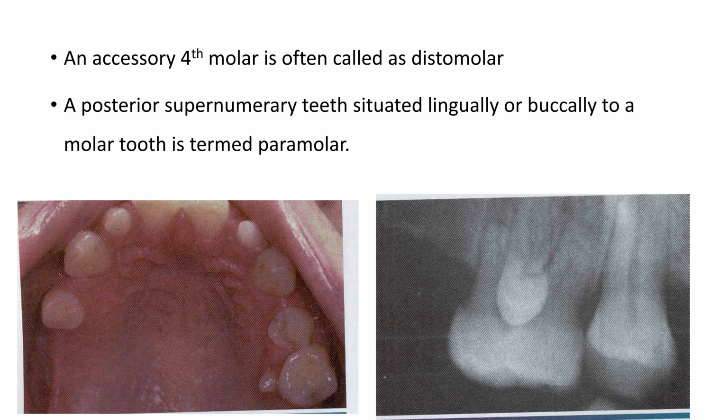Here you can see the additional tooth, or paramolar. The radiograph of the same patient shows a fully formed tooth overlying the crown of the adjacent molar, so that is the distomolar or paramolar.